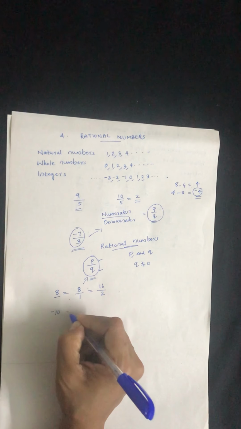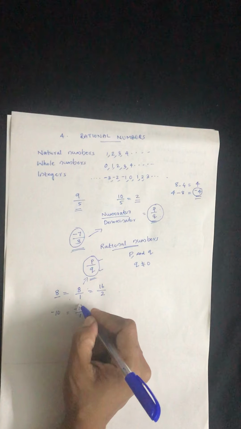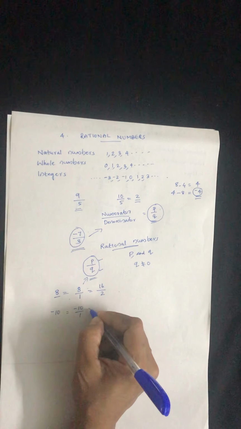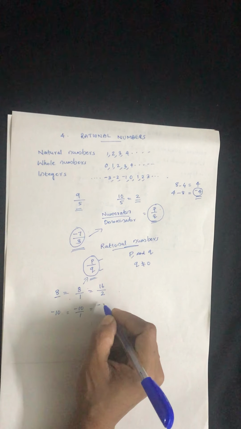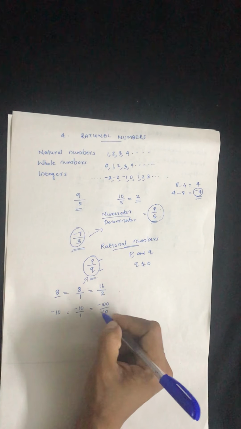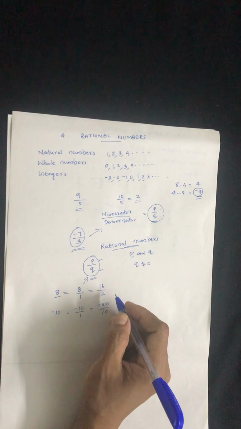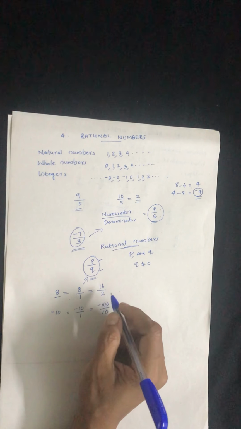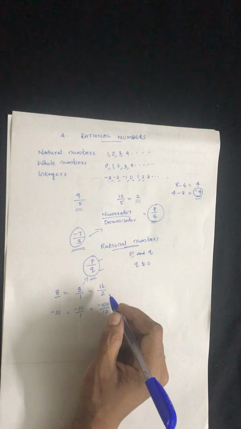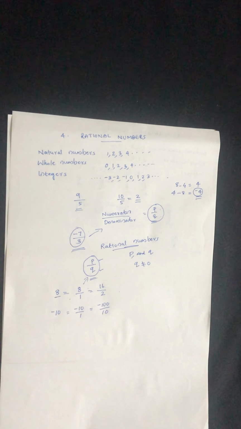Yes, very easily we can write minus 10 by 1. This is in the form of p by q. Otherwise minus 100 by 10. This answer also we will get minus 10. So all integers are rational numbers, and all whole numbers are also included in the set of rational numbers.